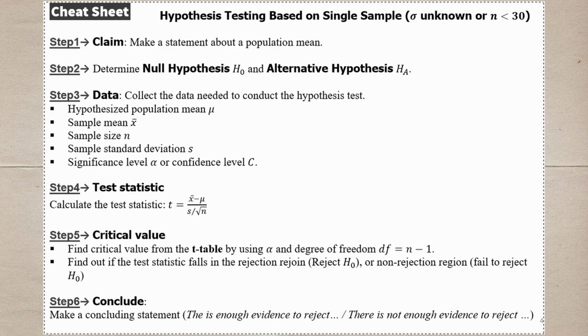Step 4. Calculate the test statistic. Step 5. Find the critical value from the t-table by using the degree of freedom or by using Microsoft Excel, and find out if the test statistic falls in the rejection region. Finally, Step 6. Make a concluding statement.